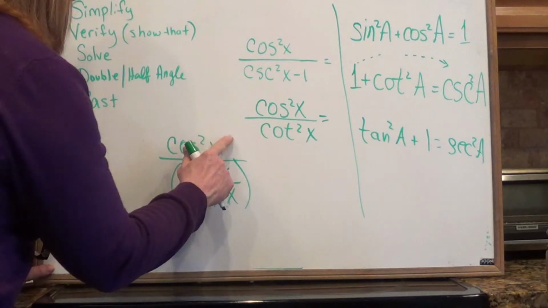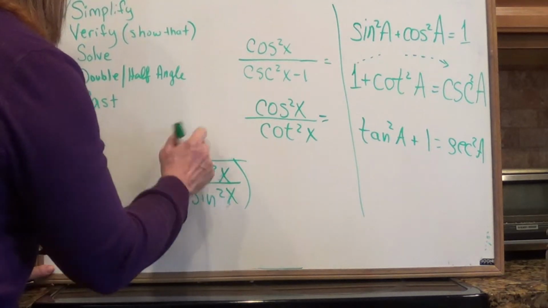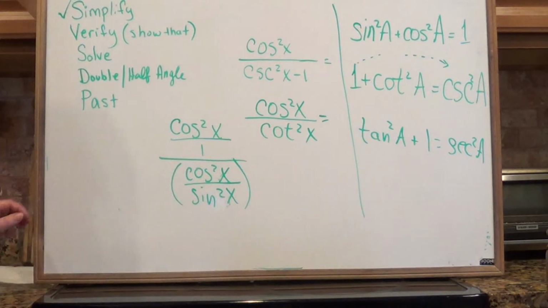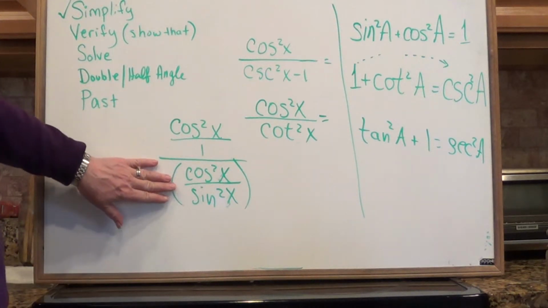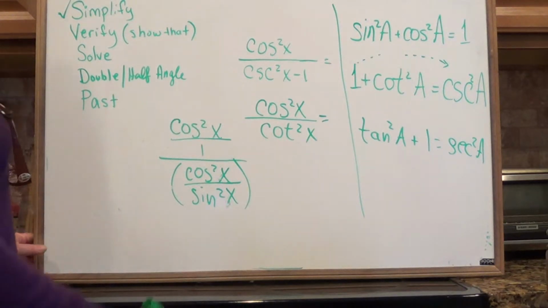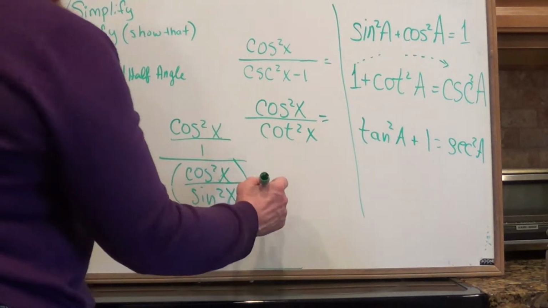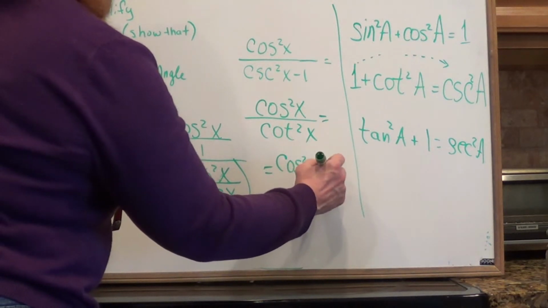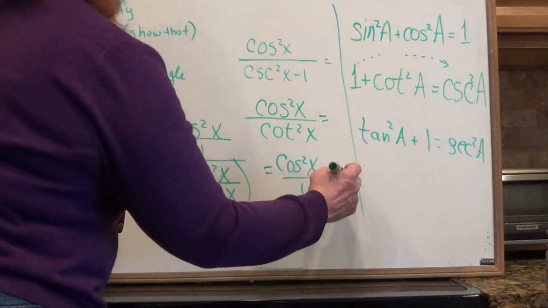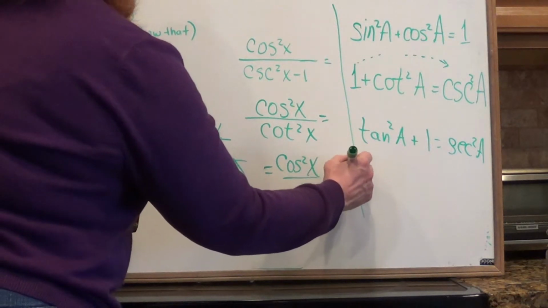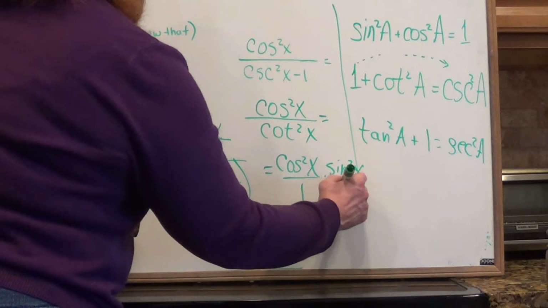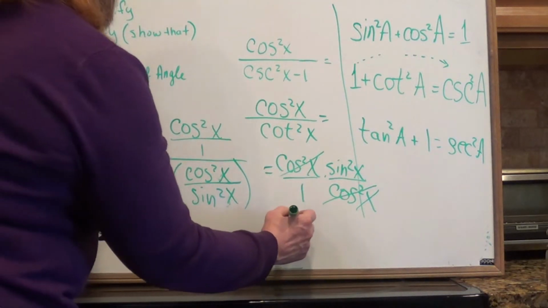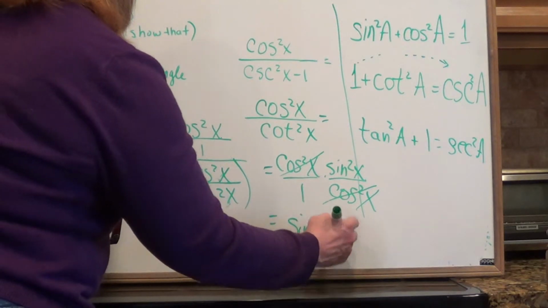Perhaps it helps you to think of cosine as cosine over 1 in order to do that. So I have a fraction divided by a fraction, flip the bottom, and when this comes up and multiplies by this, I get cosine x over 1 times sine squared x over cosine squared x. The cosines cancel. Did you get sine x?